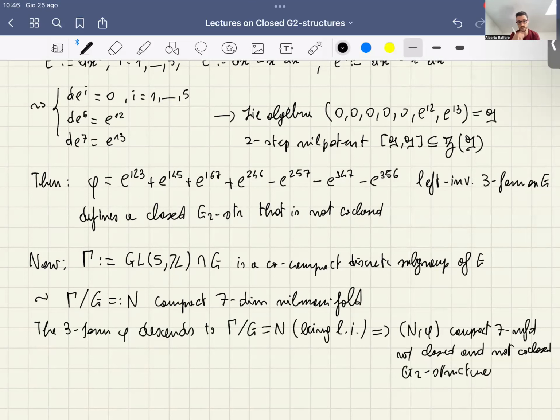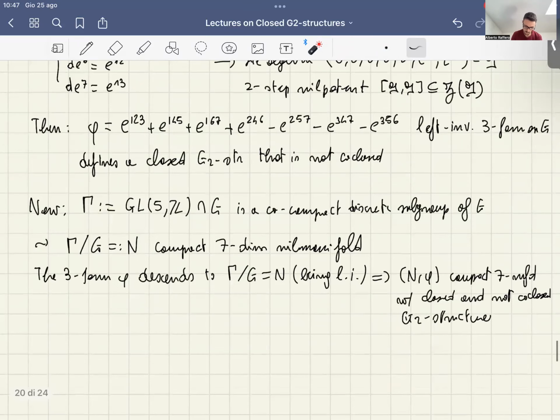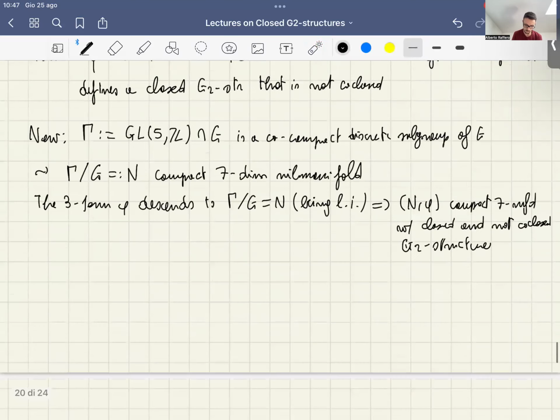And of course, this does not mean that this 3-form here is the only closed G2 structure you have. There might exist also others. This is not a classification of the possible left invariant closed G2 structures existing on this Lie group, but this gives you an example. So in general, there might exist others. So this was the first example known in the literature.